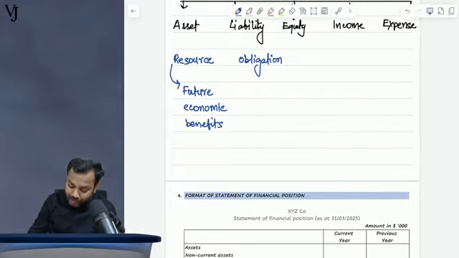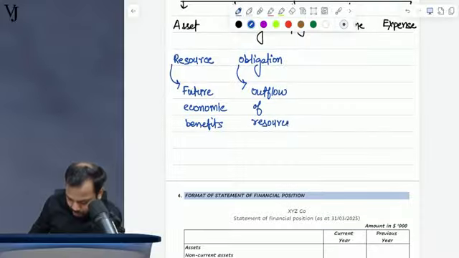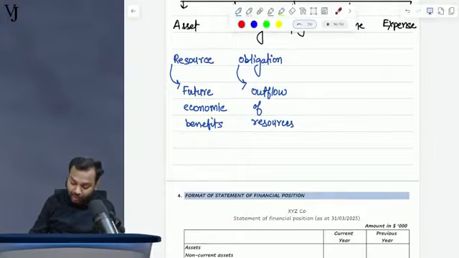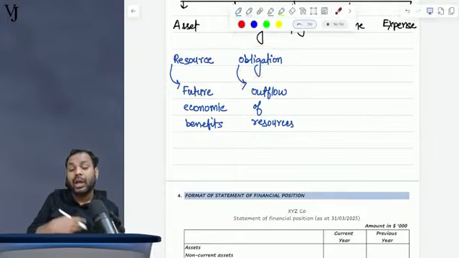So now it is an obligation which will be settled by outflow of resources.